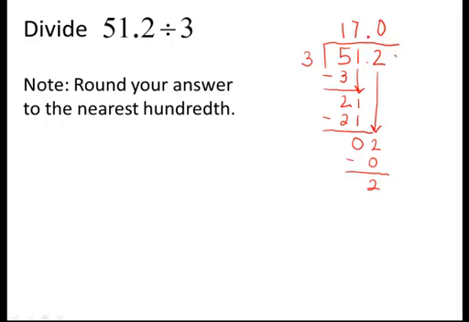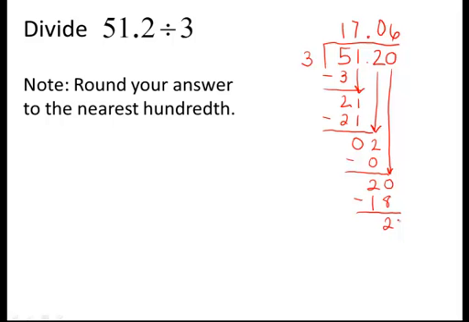So I'll add a 0 to the end of the decimal. Remember, this does not change its value, and I'll bring it down. 3 goes into 20 6 times. 6 times 3 is 18. 20 minus 18 is 2.